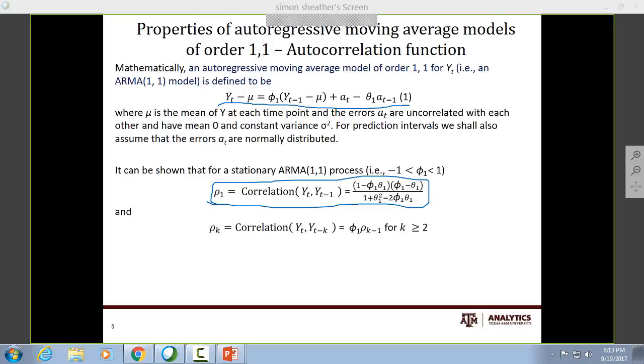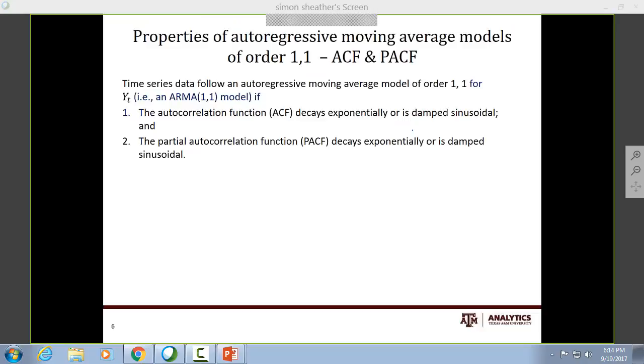It's a very complicated function of the AR coefficient C1 and the MA coefficient theta 1. Remember, if we had AR, the autocorrelation of lag 1 was just equal to theta 1. If we had MA1, the autocorrelation function was a step function, step down.